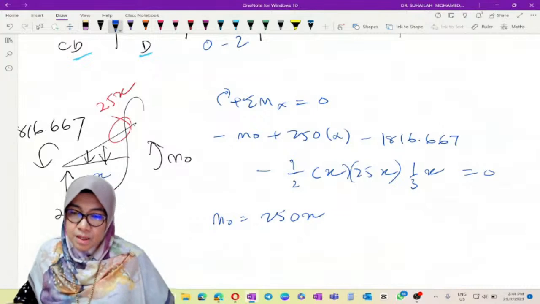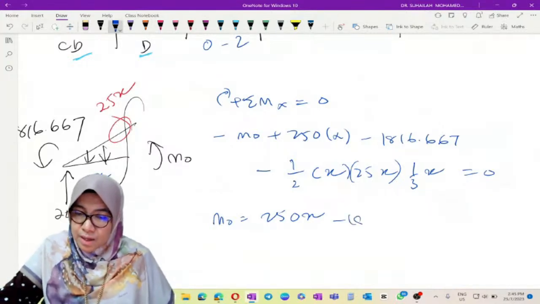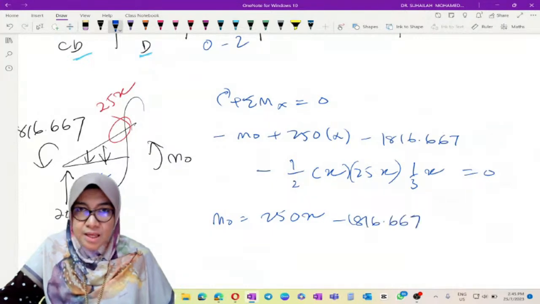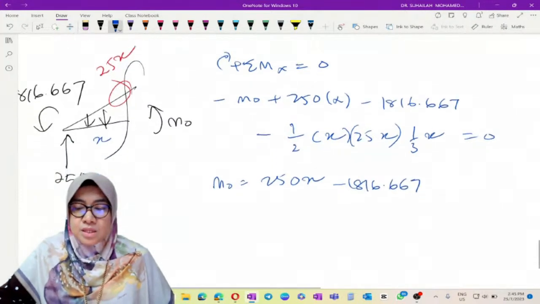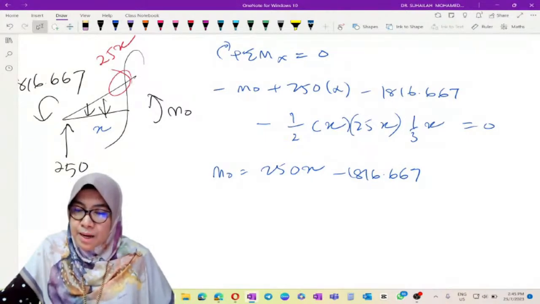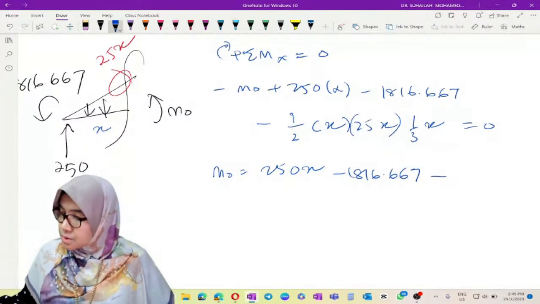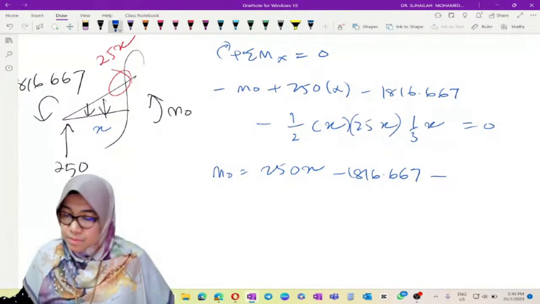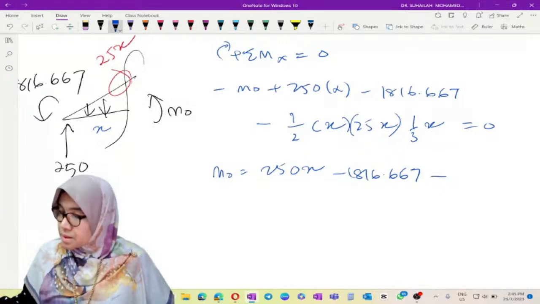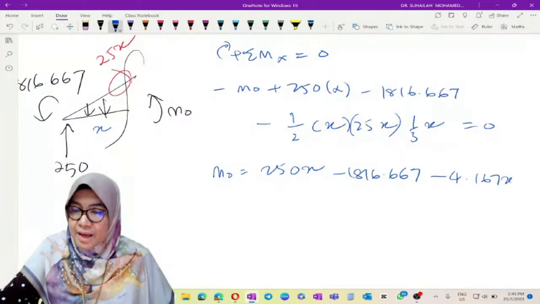250x, we minus 1816.667, we minus also x times 1/2 x squared, which gives x cubed.